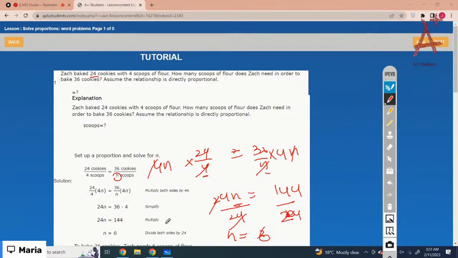Got it? That means with 6 scoops of flour, Zach can make 36 cookies. Got it?